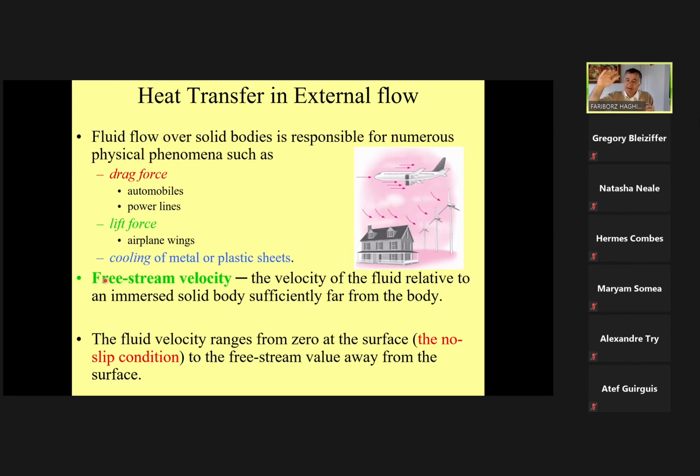After that, it was independent of the viscosity of the surface. That we call the free stream velocity. This usually comes from the no-slip condition, because in the boundary layer, as you remember, we assume the velocity on the surface is equal to 0 and slowly increases until we pass the boundary layer. After the boundary layer, we have the free stream velocity.